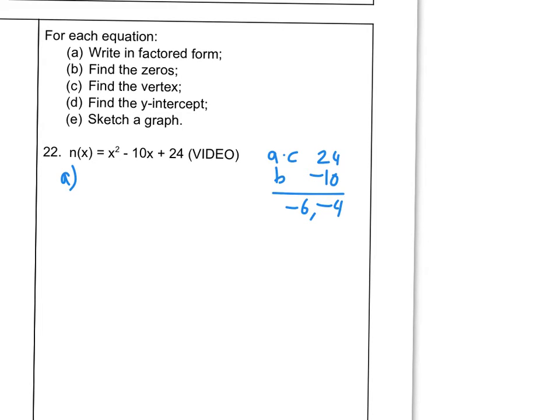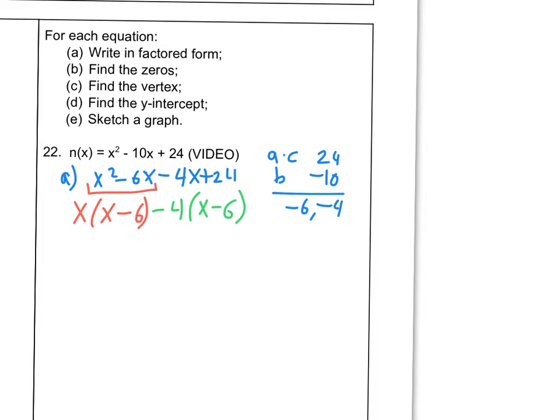So we've got x squared minus 6x minus 4x plus 24. We've got an x in common, we got x minus 6. We get a minus 4 in common, so we get x, and then 24 divided by negative 4 is minus 6. That gives me x minus 6, that's the thing in both parentheses, with leftovers of x minus 4. That's factored form.